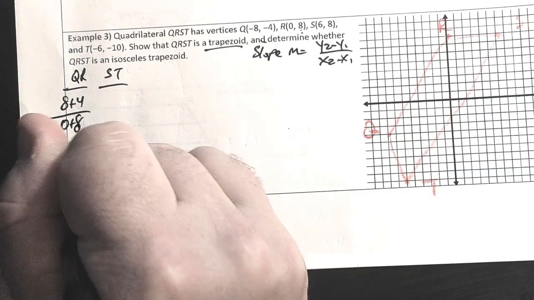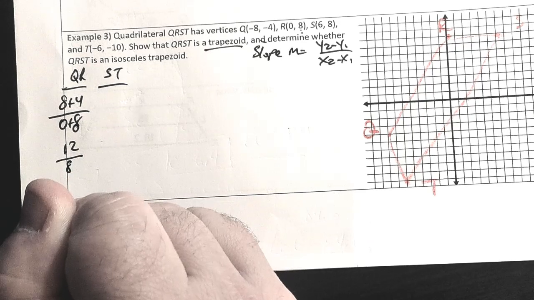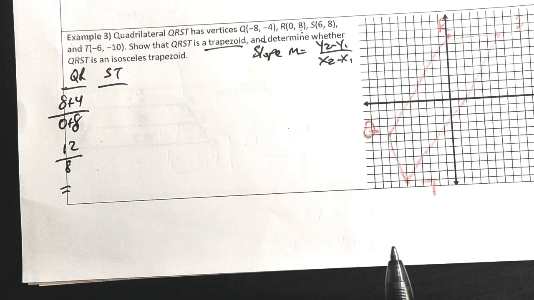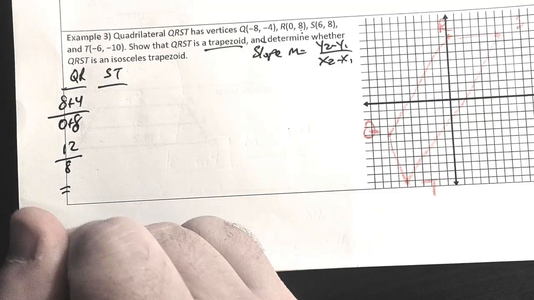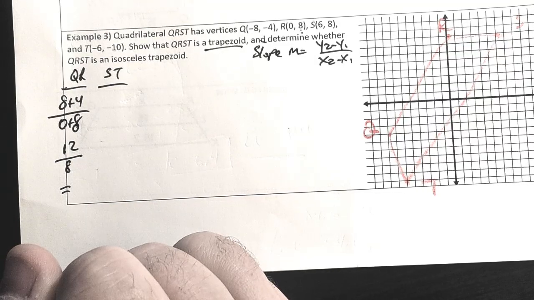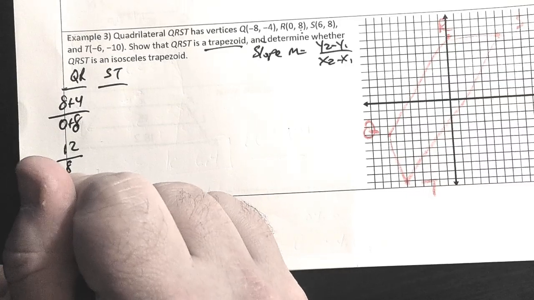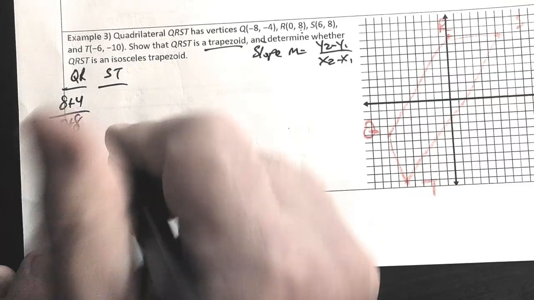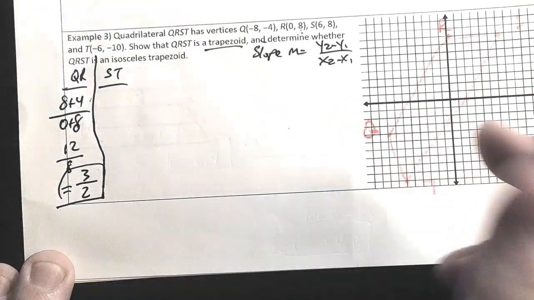Going below, that's 12. 8 plus 4 is 12. 0 plus 8 is 8. That will break down. 4 goes into 8 2 times. It goes into 12 3 times. So this is 3 halves. Switch pens.